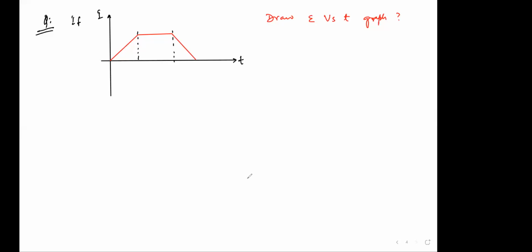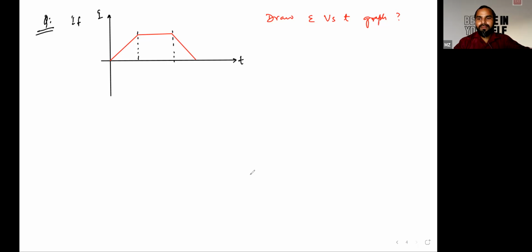So first it will increase, then it will go to 0, and it will again increase. Okay. Anyone else? Mariam?